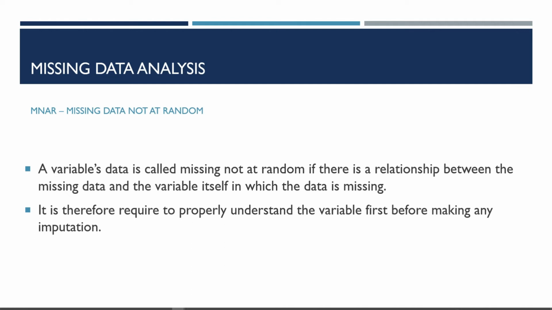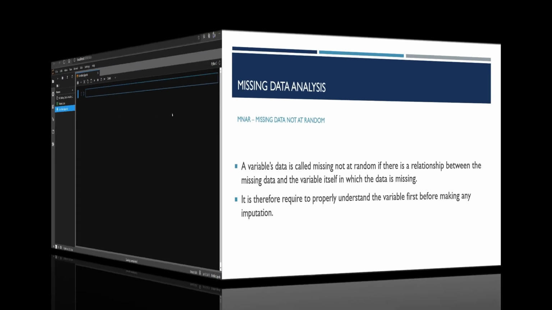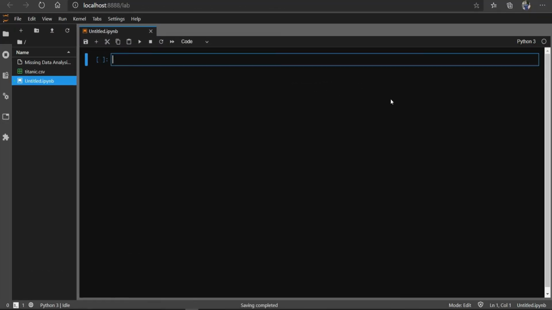And okay, so now we will head over to Jupyter Notebook and we will see how we should analyze our missing data. So guys, I'm in my Jupyter Lab. Let me import pandas as pd.